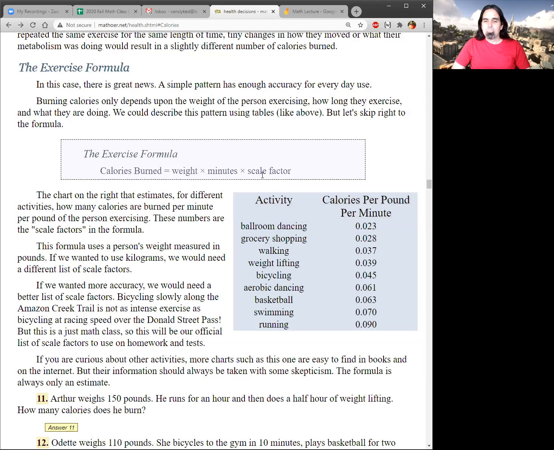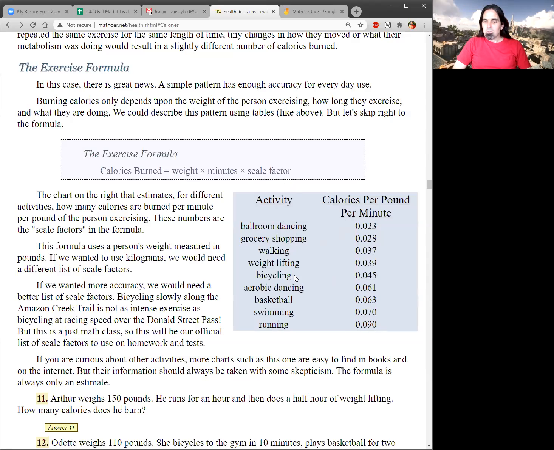scale factor. And the scale factor you have to look up on a table, and we're going to use these numbers here. And it's important to realize that these numbers are, in a way, complete garbage. Right? Does bicycling really burn 0.045 calories per pound per minute? Well, bicycling along the flat part of Eugene is a lot different than bicycling over the hill at Donald Street by LCC.